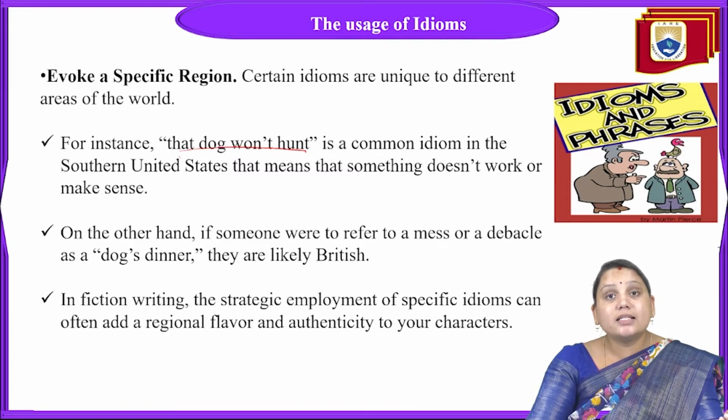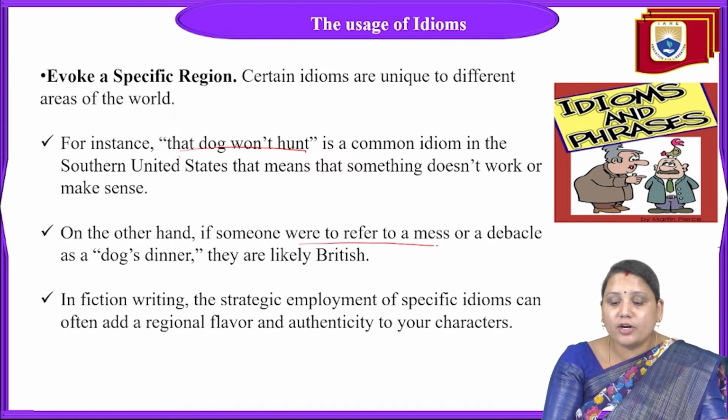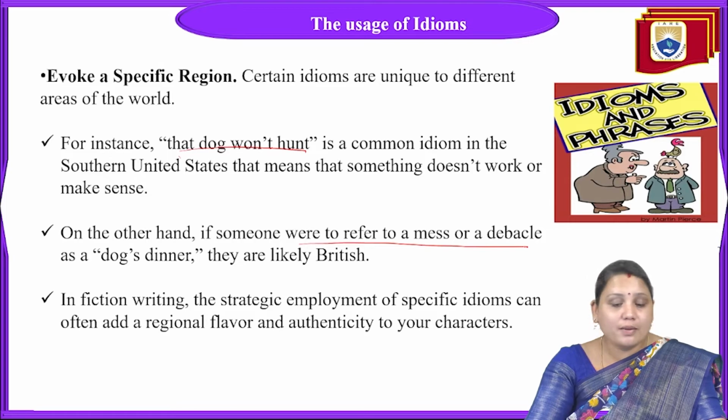That means that something doesn't work or make sense. On the other hand, if someone refers to a mess or a debacle as a dog's dinner, they are likely British. In fiction writing, the strategic employment of specific idioms often adds a regional flavor.